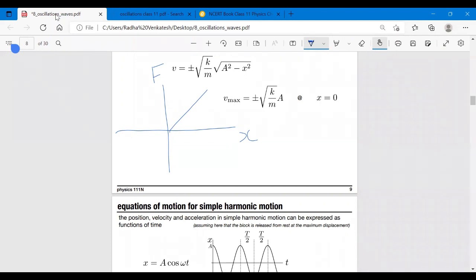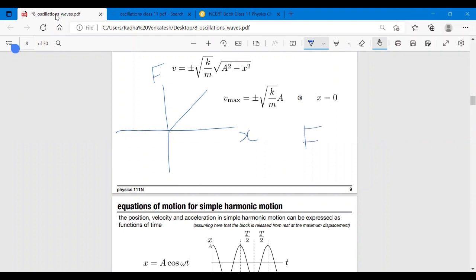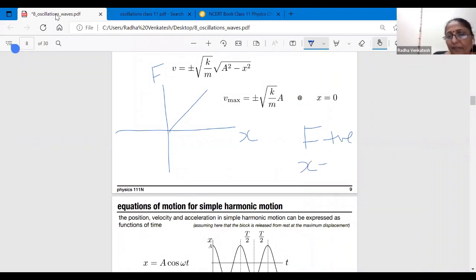Suppose I draw a graph between restoring force and x. In which quadrant do you think you'll get the graph? Third quadrant? Will it be the third quadrant? Just think and tell me. See, if you take F as positive, x should be negative, right?